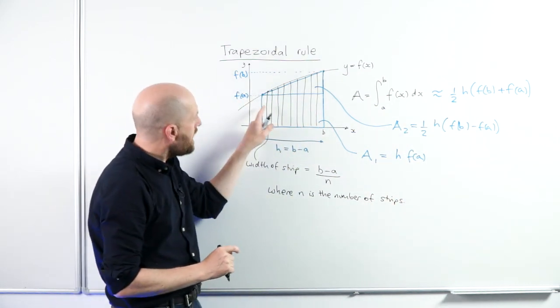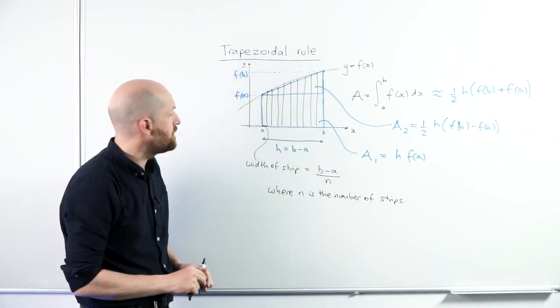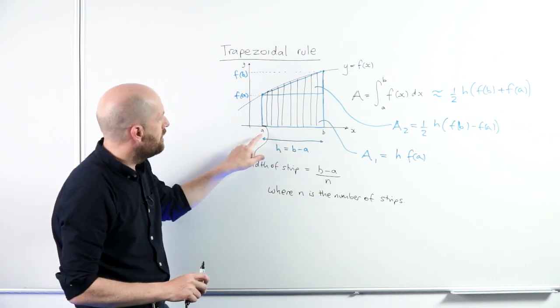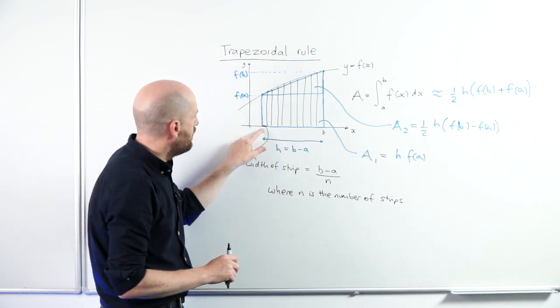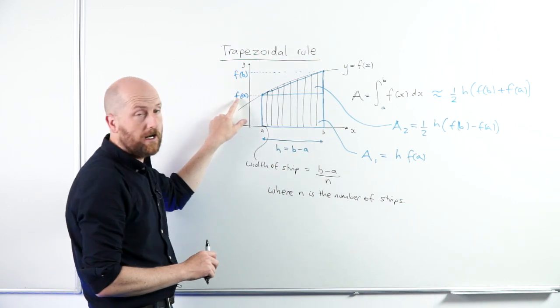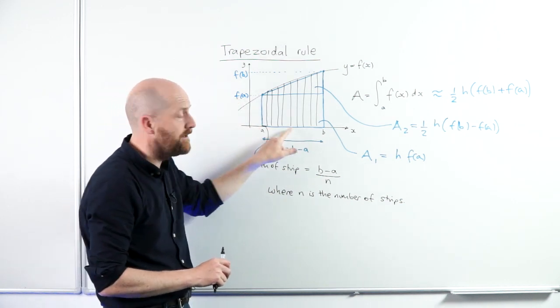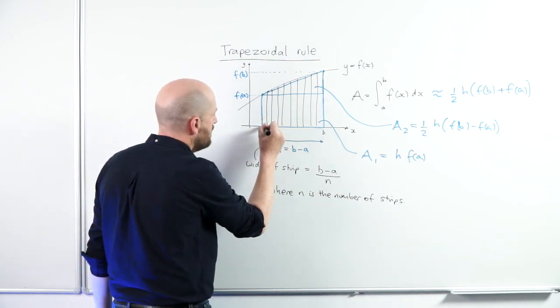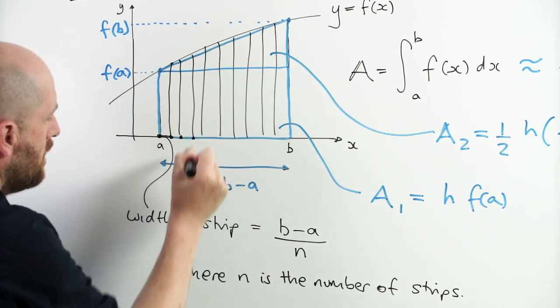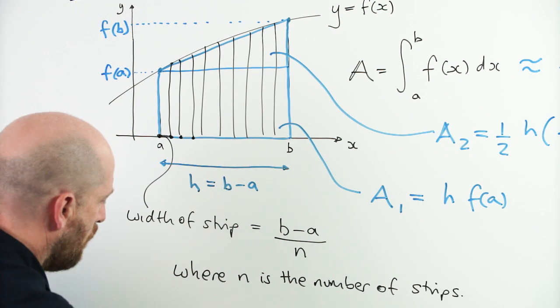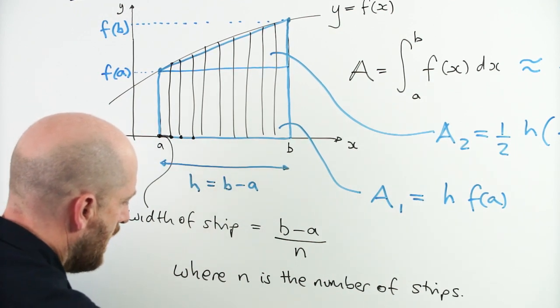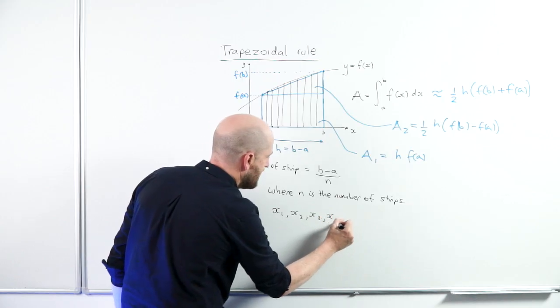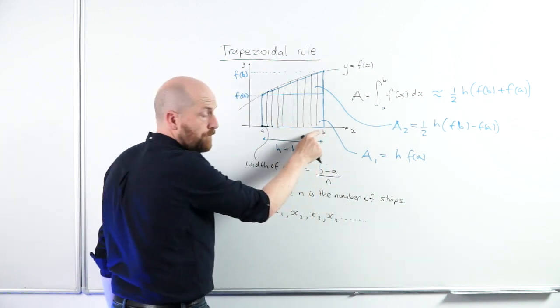What do I need to work out the area of each of these trapezia? I'll need all the different x values, and I need the function evaluated at every different x value. So let's say I've got these points here. I go from x1, x2, x3, x4, etc., all the way up to this point here.